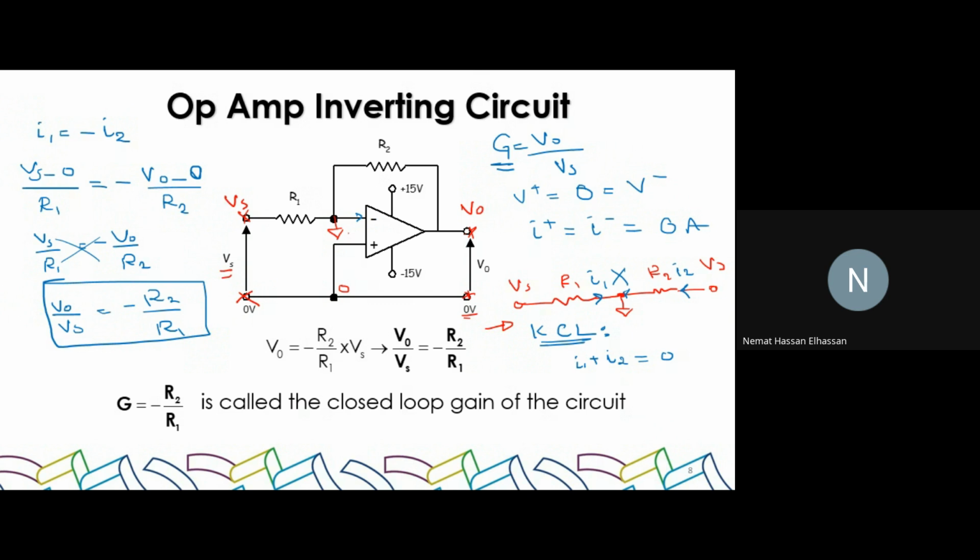So what does that mean? It means if your input is a positive signal, plot it here. If your input is positive, your output would be negative with a gain.